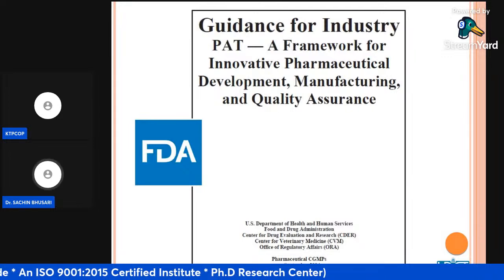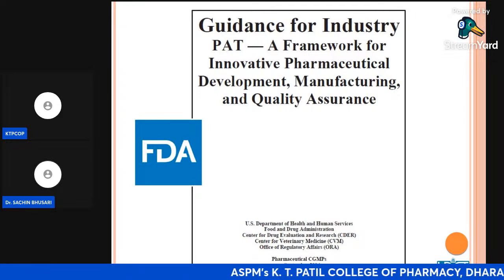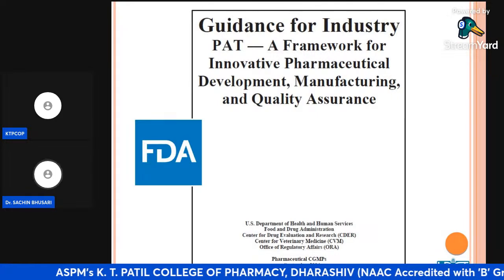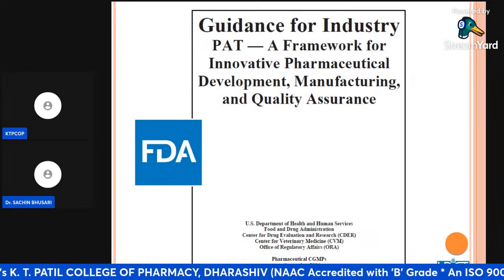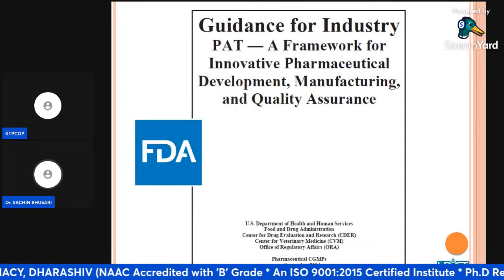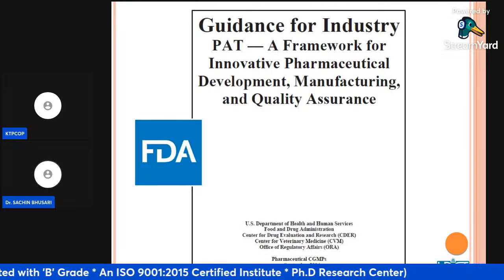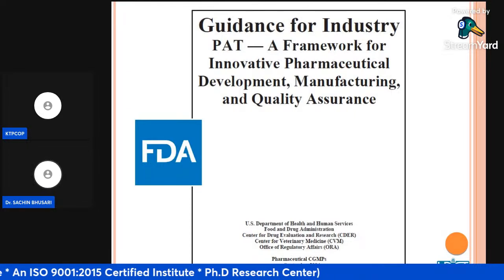See, this is the guideline which came into the picture in 2004. If you critically see the title of this guideline, it's very nice. Basically, it's a framework. They are saying it is a framework for innovative pharmaceutical development. Previously, it was not a free home ground or playground to do R&D.